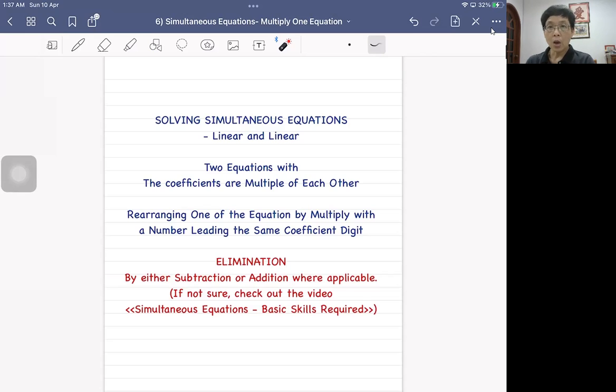Once you have arranged that, you may proceed with the elimination steps using either subtraction or addition, wherever it is applicable.